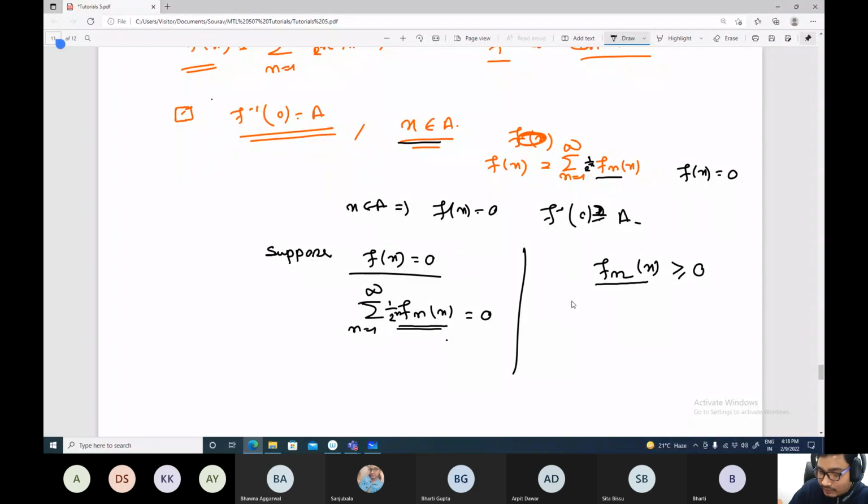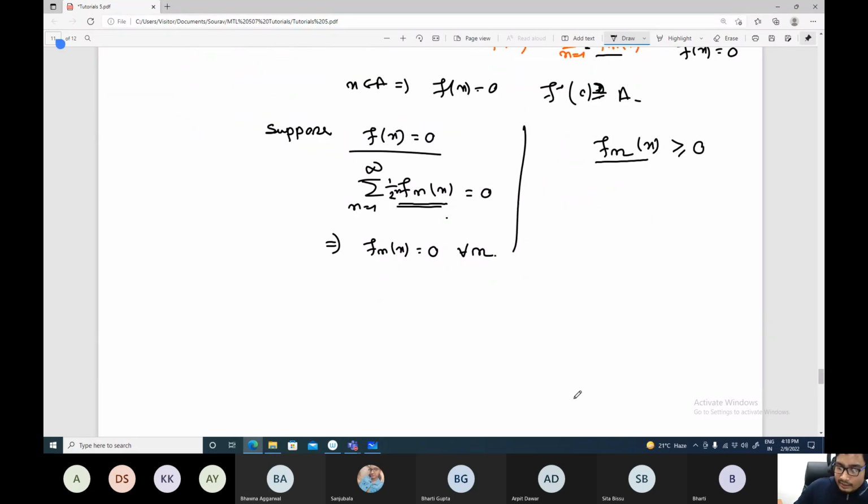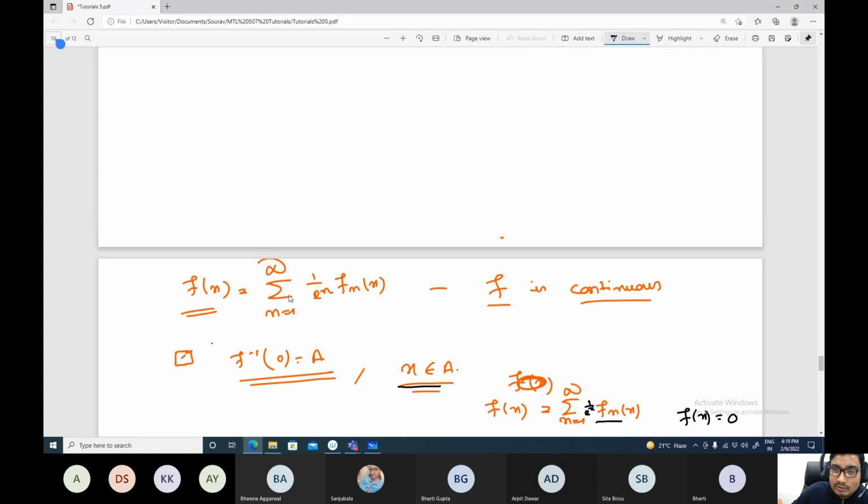Because if there is some n naught which is non-zero, then this summation will be non-zero. So this implies that each fn(x) is equal to 0 for all n.